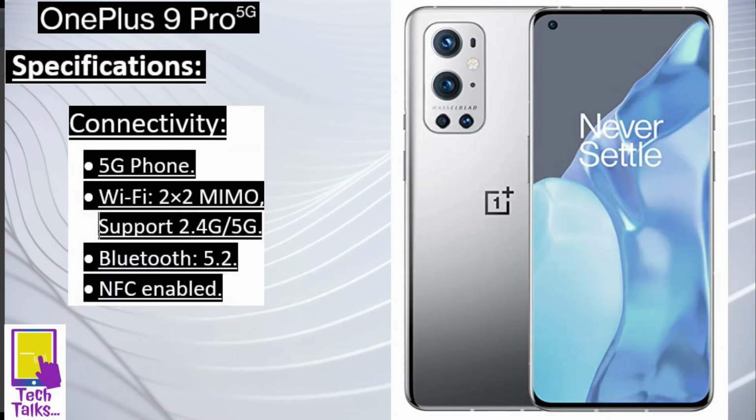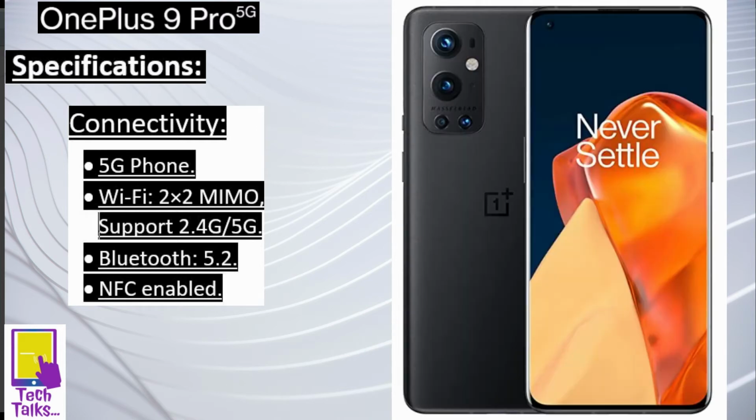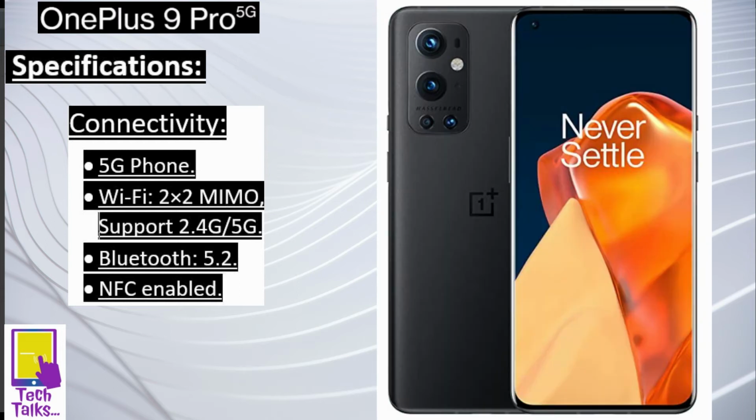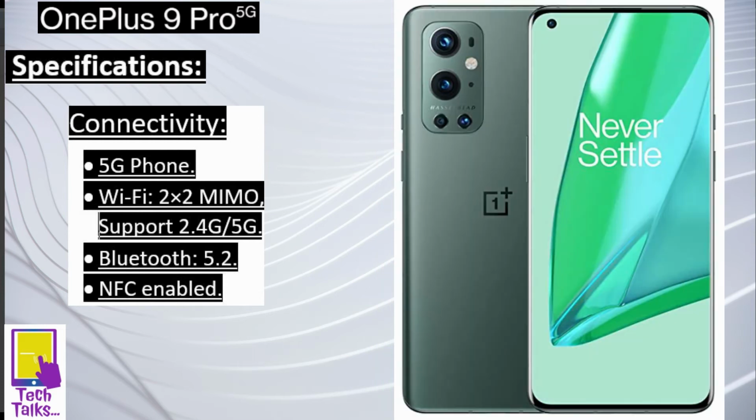Now when we talk about connectivity, it's a 5G phone, and on the Wi-Fi side it has Wi-Fi 2x2 MIMO support, and it supports 2.4G and 5G bands. And on the Bluetooth side it has Bluetooth 5.2, and it is NFC enabled.